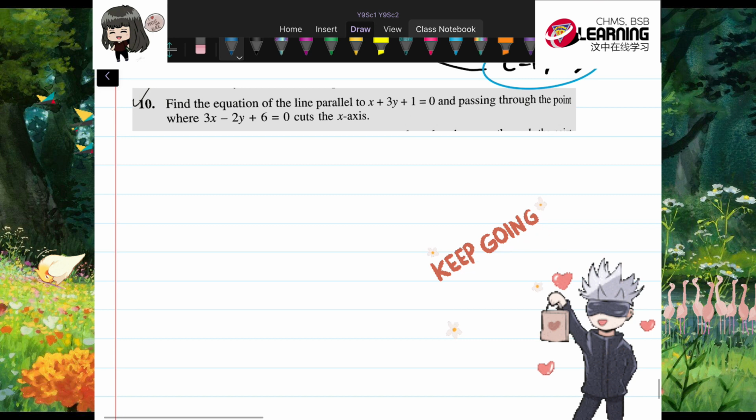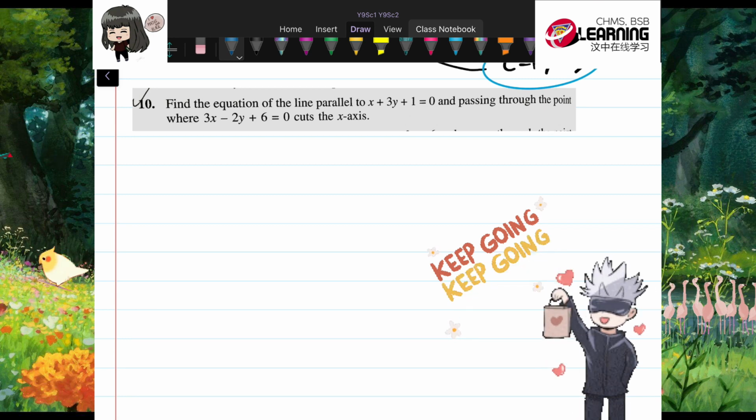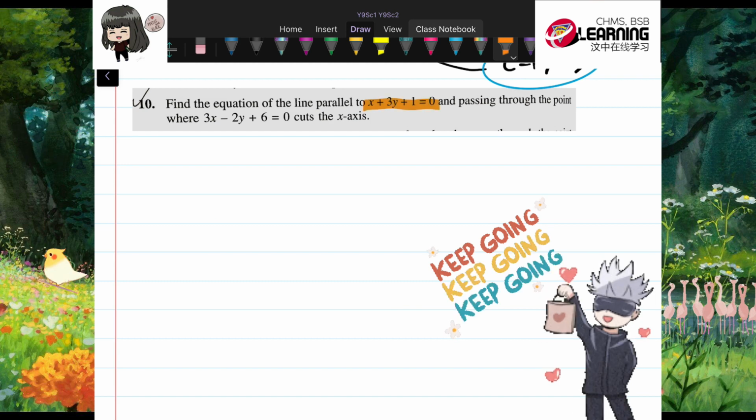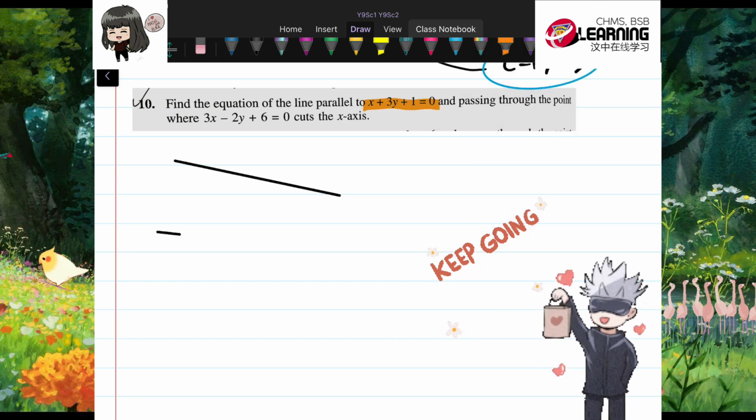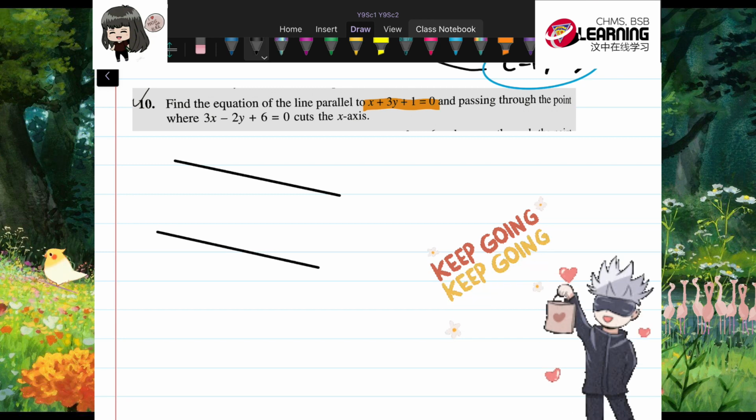Okay, so question 10. Find the equation of the line parallel to this. So I draw a line, and another line, because they're parallel to each other. So parallel like that. You need to find one of the equations here.